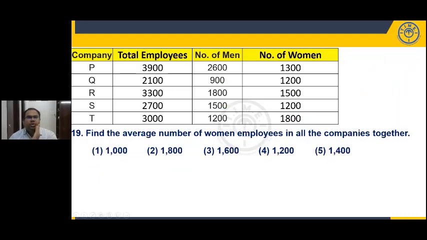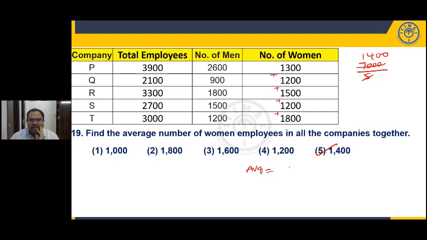Right. 19th question. Average number of women employees in all the companies together. Simple number. Add number. 13 plus 12, 25 plus 15, 40 plus 12, 52 plus 18, 70. So 7,000 divided by 1, 2, 3, 4, 5 companies. 1400. Choice 5.